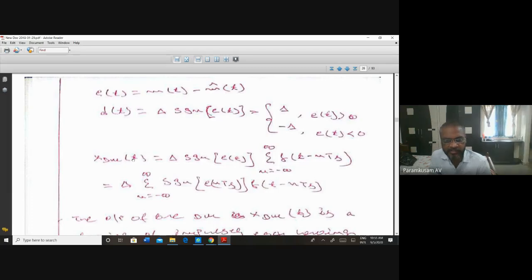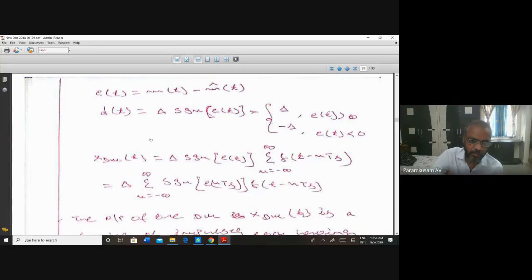And D of t is equal to del into sgn of E of t, that is equal to del or minus del. D of t is equal to del when E of t is greater than 0, and it is equal to minus del when E of t is less than 0.